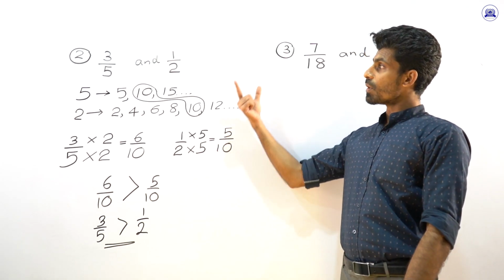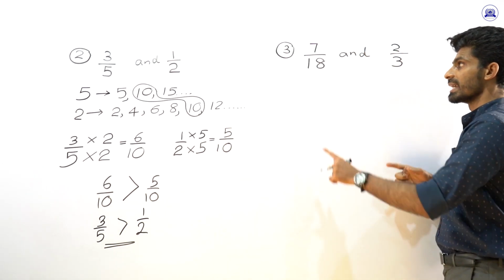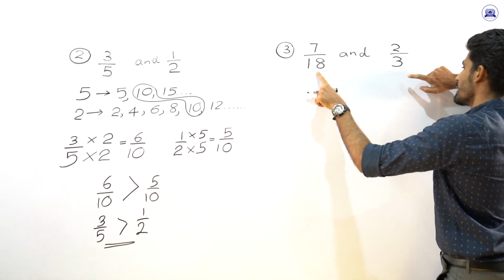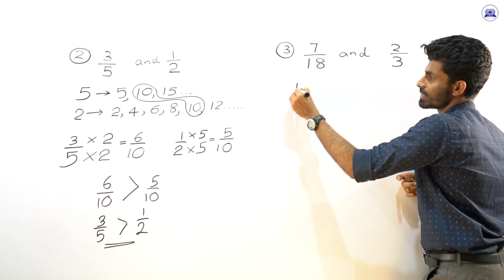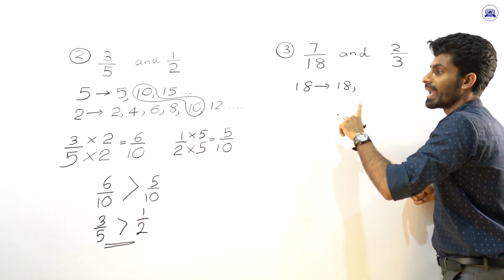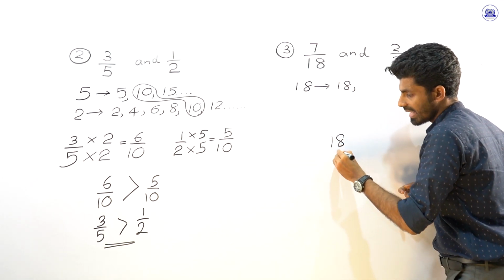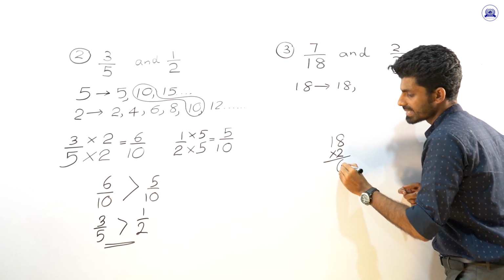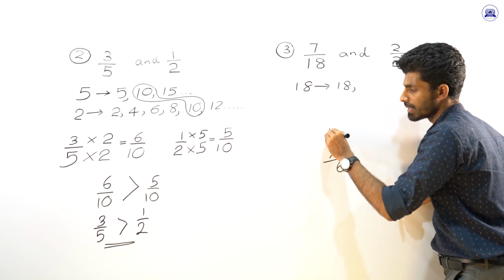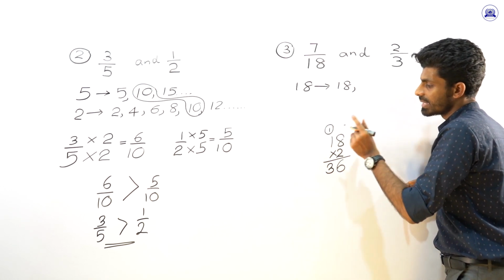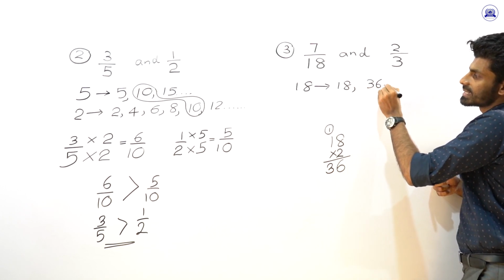I'm just quickly moving to question number 3. 18 and 3. I need to take the multiples of 18. 18 into 2: 2 into 8, 16, remaining 1. 2 into 1, 2, plus that 1, 3. 36.